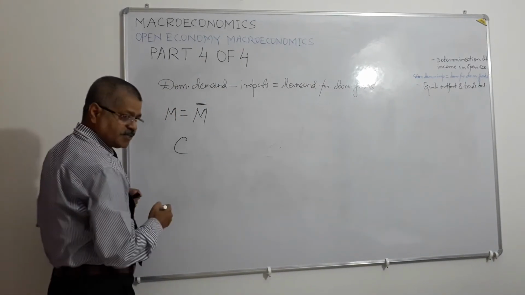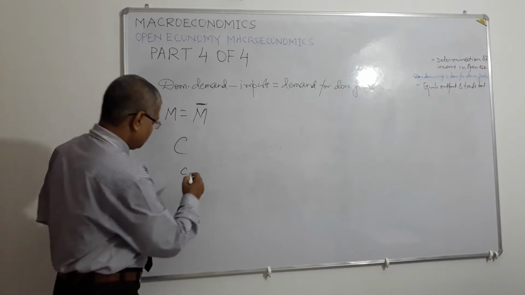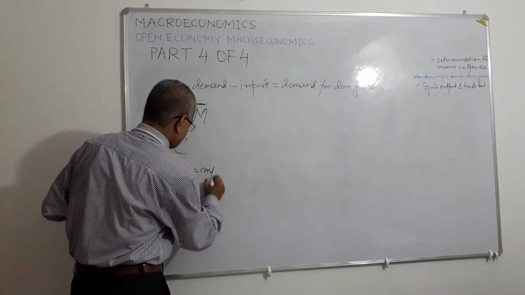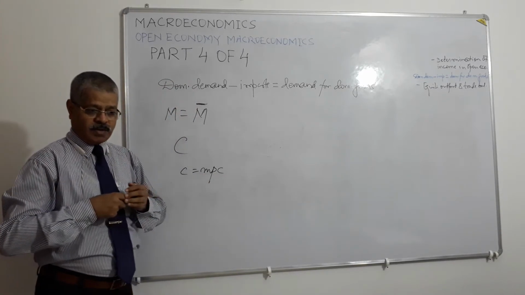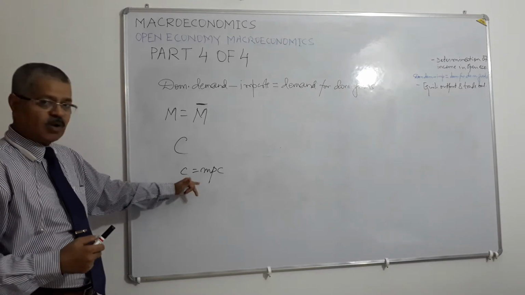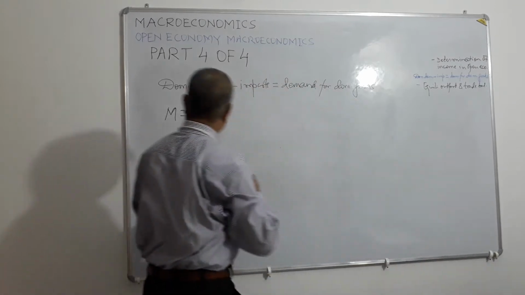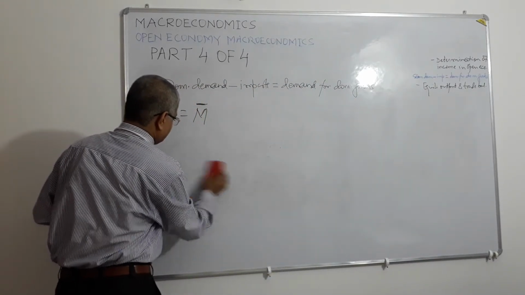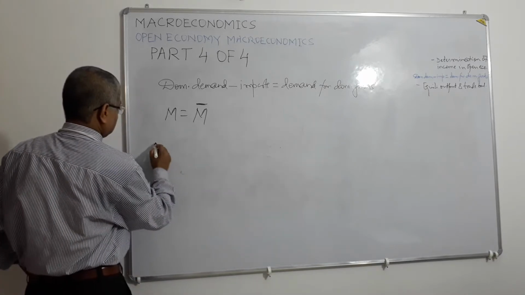This capital C was consumption expenditure and this small c was MPC, marginal propensity to consume, the fraction of the additional income that is spent on consumption. In the same way we have small m, that is marginal propensity to import.